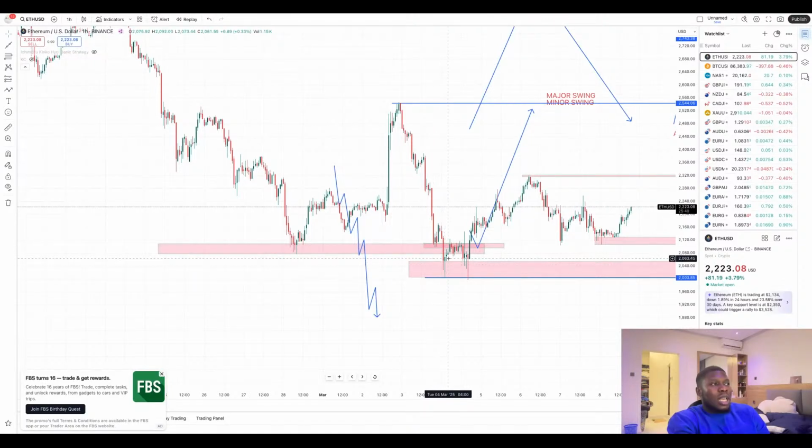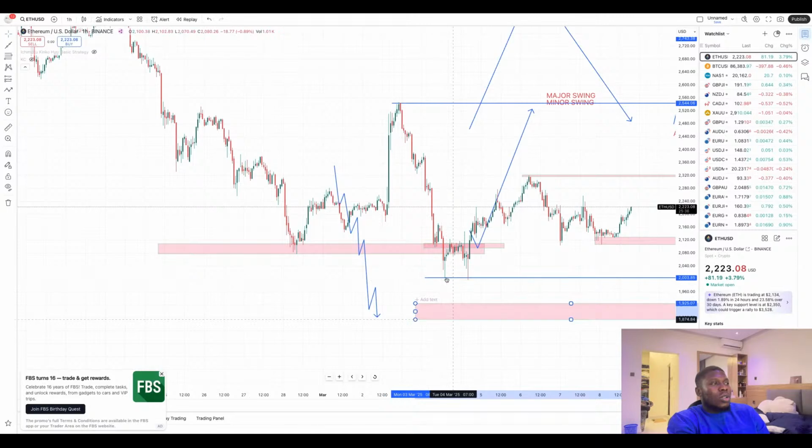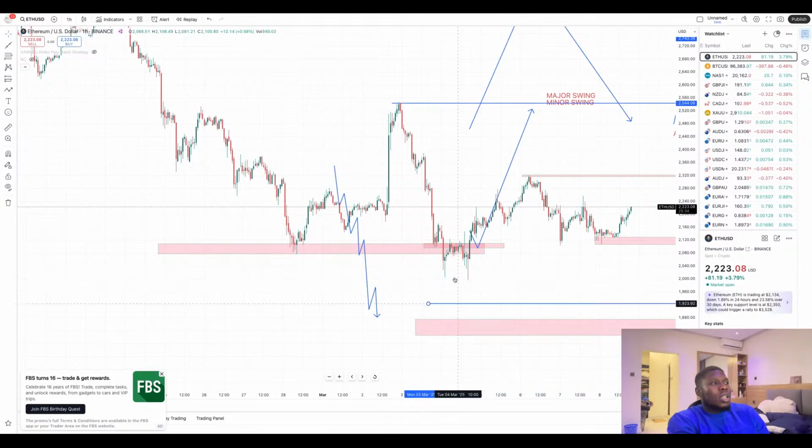If this minor support did not like this place, after it bounced at this support here, it was broken and it rejects, it made another minor support. This is a minor swing again. Sorry, this is a minor swing, this is a minor swing again, like this place. Look what happened here. This is your minor swing. So when this bounced at this place, it went back to test this minor swing, and this one did not hold.